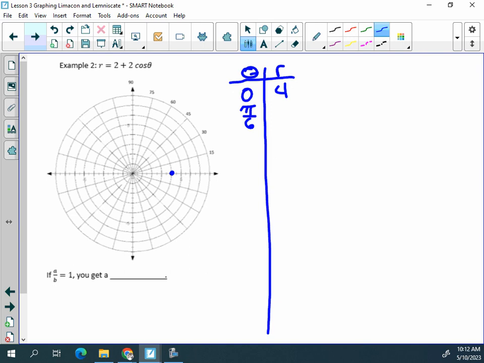So cosine of pi over 6 is square root of 3 over 2, times 2 is just square root of 3, plus 2 is about 3.7. So pi over 6, 3.7, somewhere around there. Okay. Then pi over 4, cosine of pi over 4 is square root of 2 over 2, times 2 is just the square root of 2, plus 2 is about 3.4.